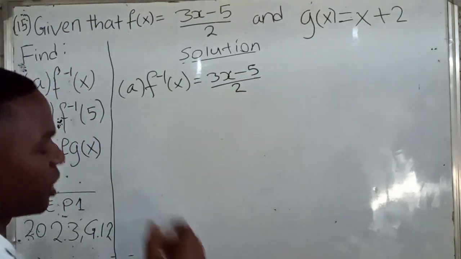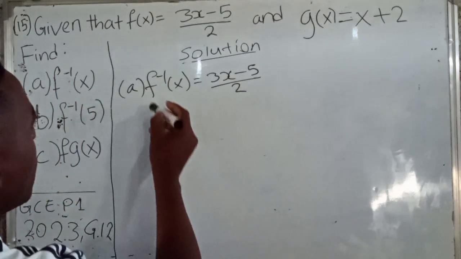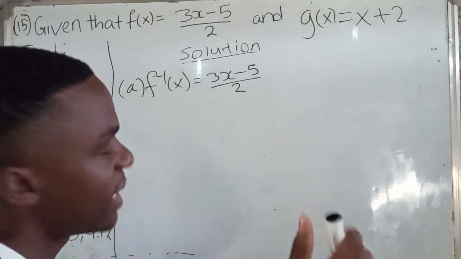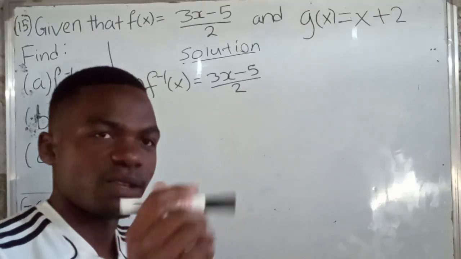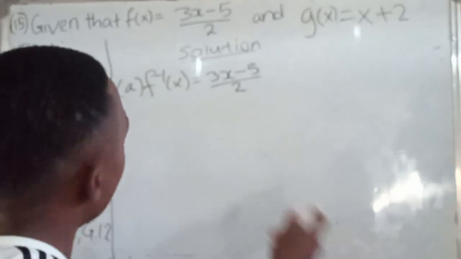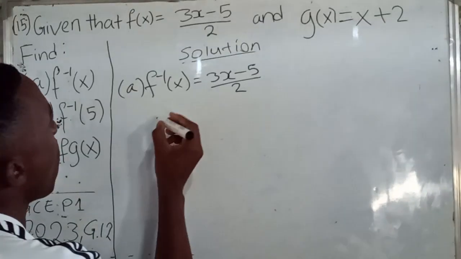At this stage, we are going to replace this inverse function sign with any letter of your choice, apart from x, because x has already been used here. In my case, I'm going to use y.